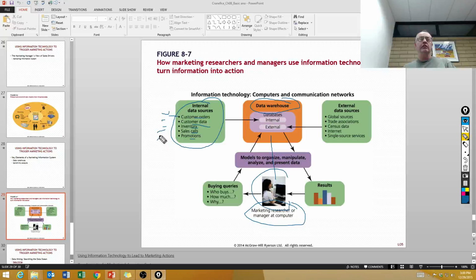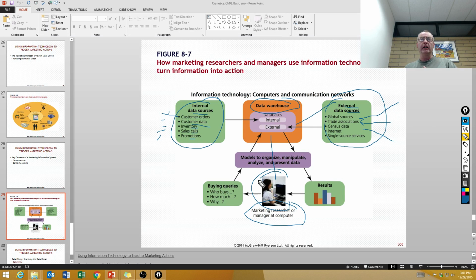They have all this internal data in their internal databases. And then there's also external databases. They have information about the industry, information from trade associations, census data, and so on, and they can combine both sources of data together.